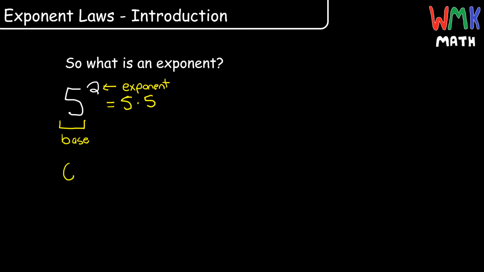What does 6 to the 3 mean? The first thing is we've got to identify what is the base and what is the exponent. So the base in this case is the 6. It's always the bigger number. The exponent is always to the right and always to the top of the base.